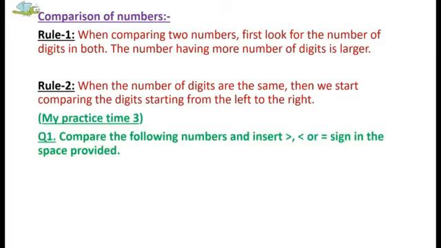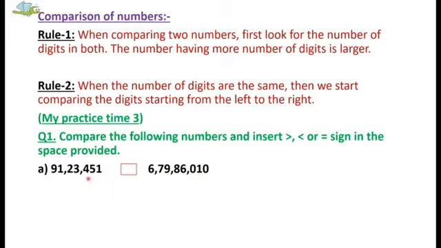Let us see this from an example. I have taken an example from My Practice Time 3, Question number 1. Compare the following numbers and insert greater than, smaller than or equal to sign in the space provided. The first number is 91,23,451, and the second number is 6,79,86,010.